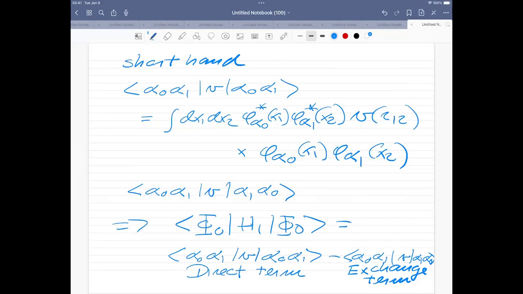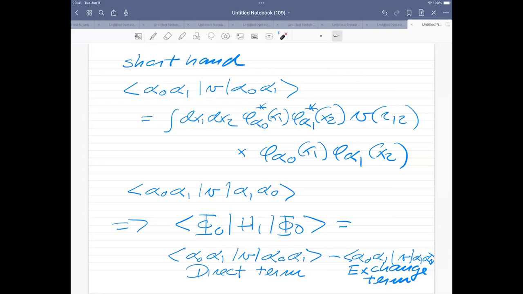So this is the direct term, and the exchange term is due to the Pauli principle. Now, what we end up doing is also to write this in a more compact way. We can bring the two together, and then we define that as an anti-symmetrized matrix element. If you look at these matrix elements here, they have some symmetries. They are invariant under the interchange of 1 and 2, or in this case, α0 and α1.